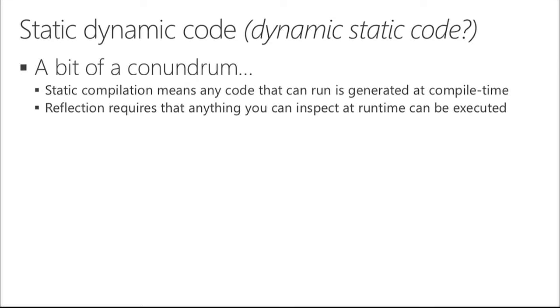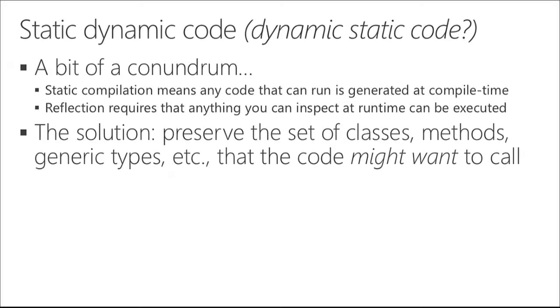So we end up with a bit of a conundrum. Static compilation means that any code that can run has been generated at compile time. But reflection and many of the dynamic capabilities of .NET mean that anything you can look at or do at runtime can be executed.